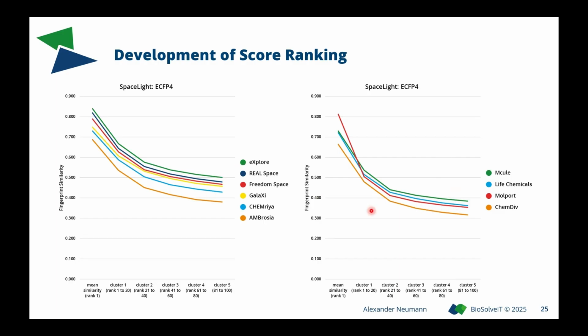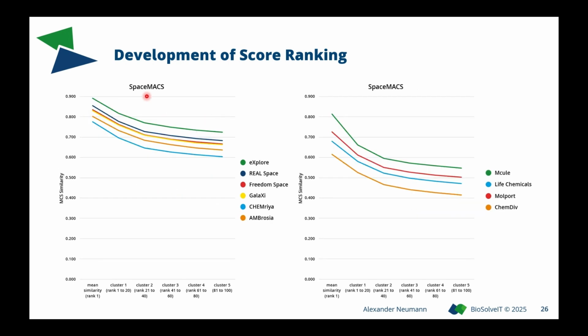We already see here that we end up with Ambrosia as the worst space in this section, where we already dropped below 0.4 of the ECFP4 score in the least interesting cluster. But in the case of the chemical libraries, all of them end up in this section. So if your cutoff is at 0.5, you can see the chemical spaces still manage to deliver at least 20 relevant compounds, no problem for all of the spaces.